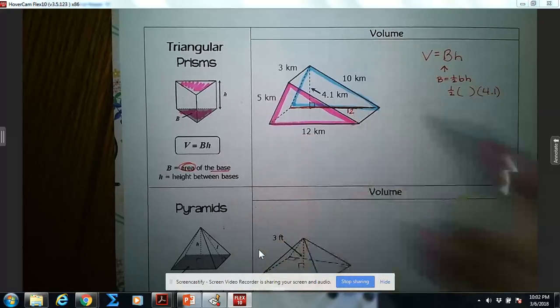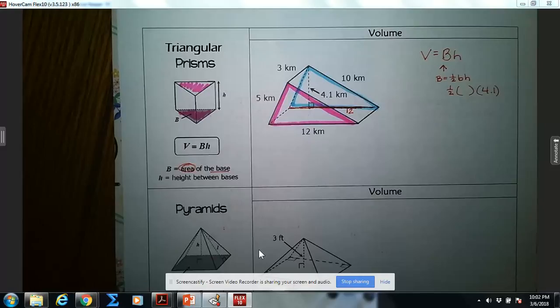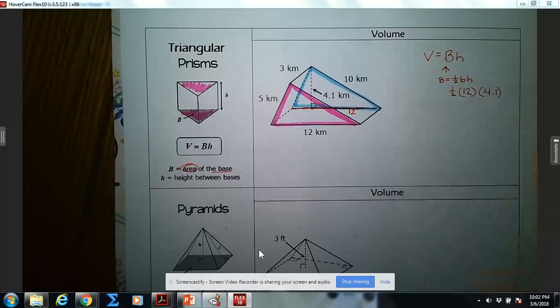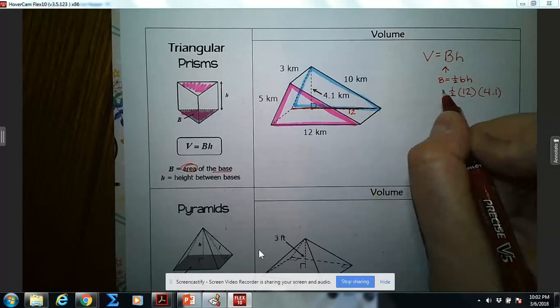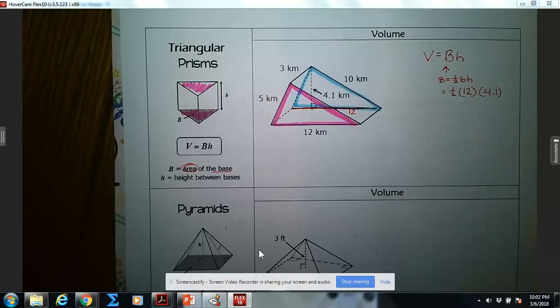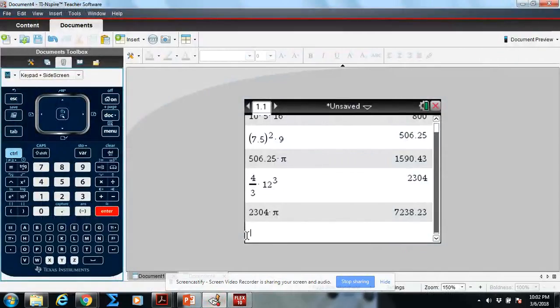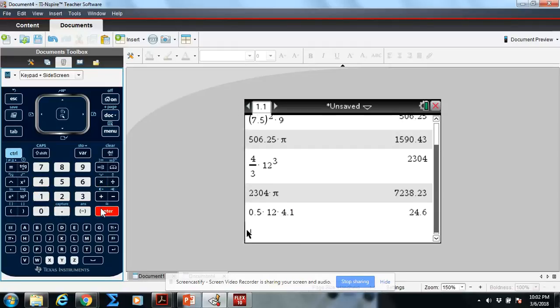The base of that blue triangle is 12. So our base area here is 1/2 times 12 times 4.1, which is 24.6.